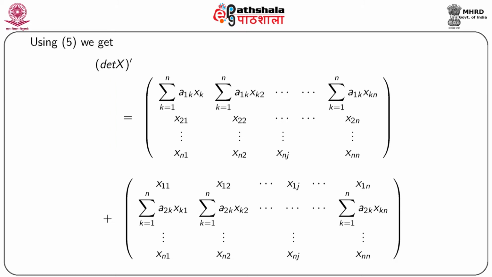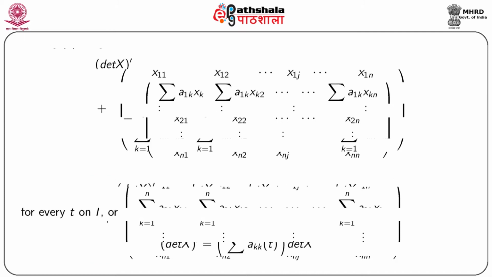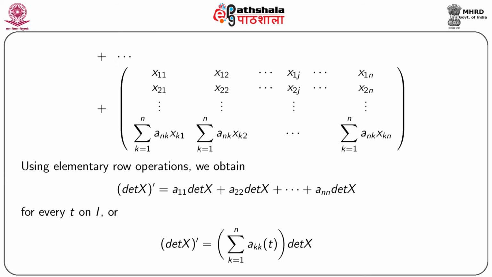The same thing for the second determinant, where we replace the second row by summation a2k xk1, summation a2k xk2, and so on. And likewise, in the last determinant, we replace the last row by summation ank xk1, summation ank xk2, ..., summation ank xkn.